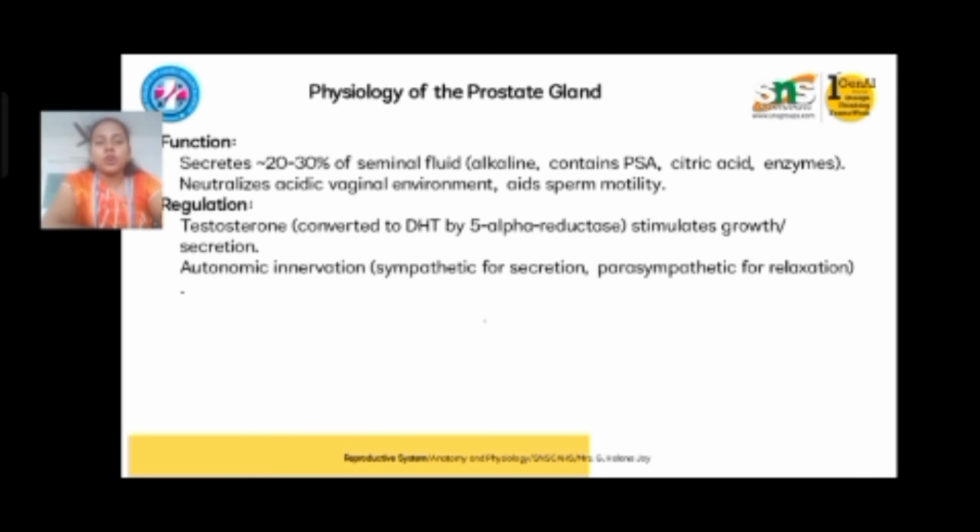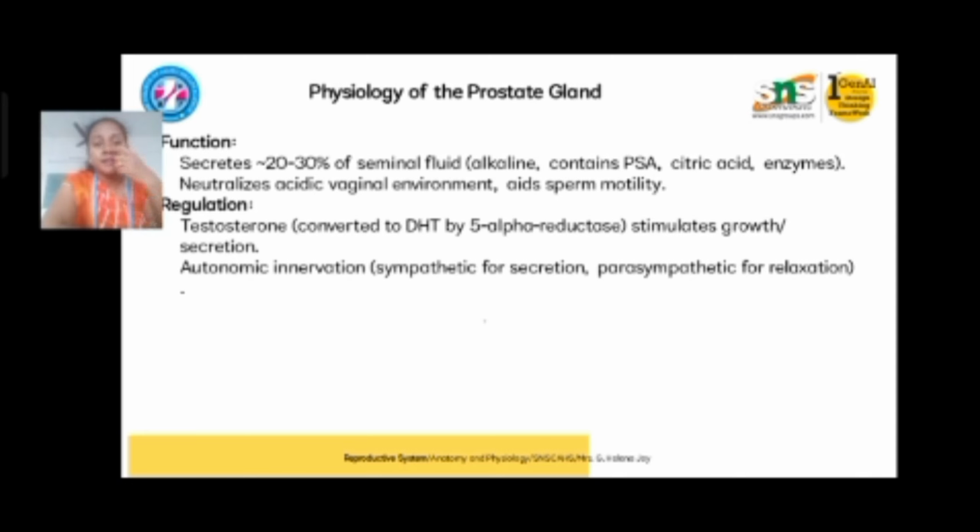The next thing is physiological function. It secretes about 20 to 30% of seminal fluid, and it neutralizes the acidic vaginal environment, which aids sperm motility. It protects the sperm, because the environment of the female reproductive organ, the vagina, is a little acidic.